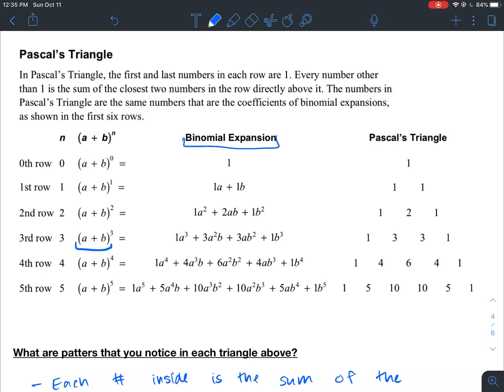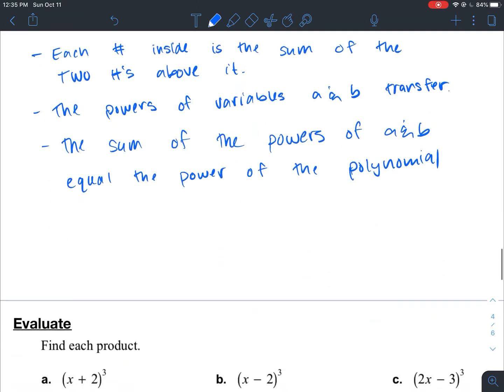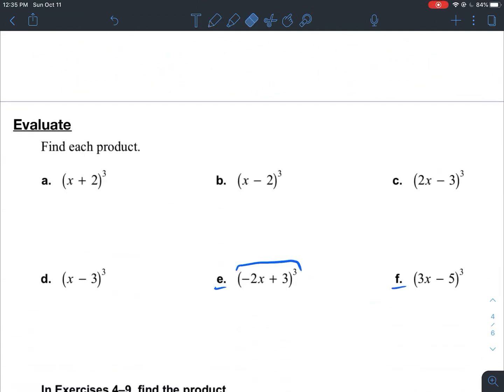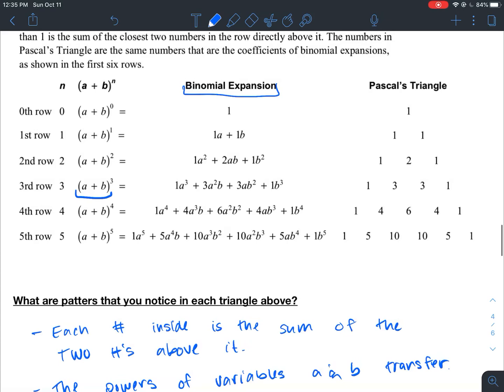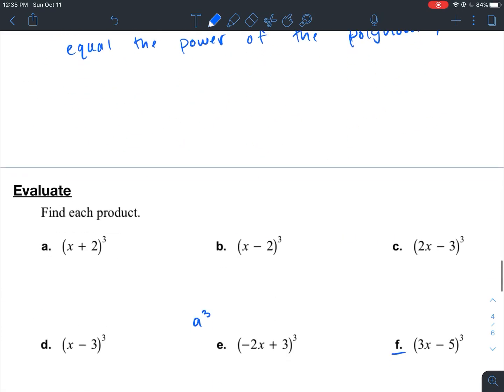a plus b cubed, we know that it's going to be a cubed plus 3a squared b plus 3a b squared plus b cubed.